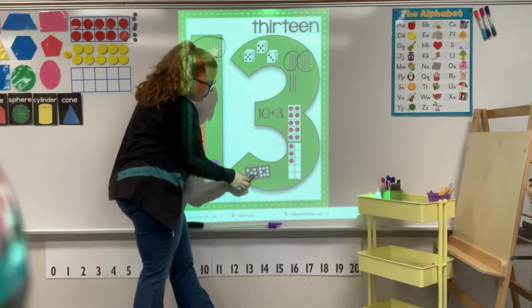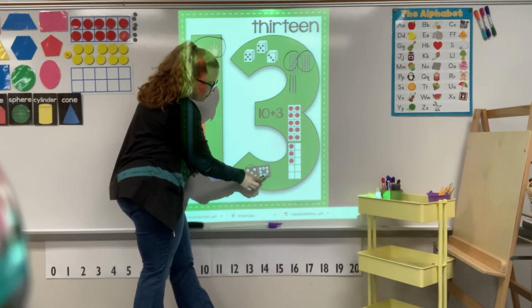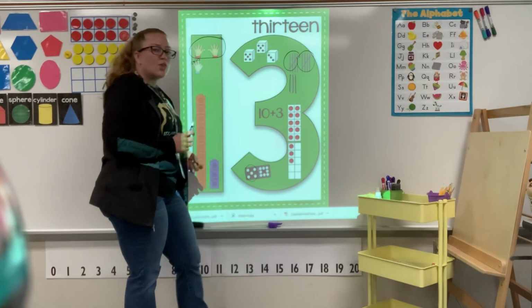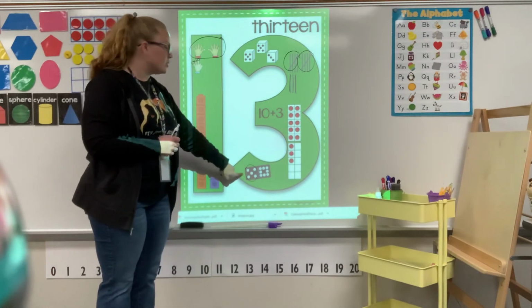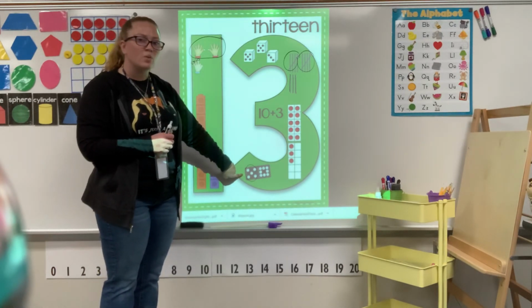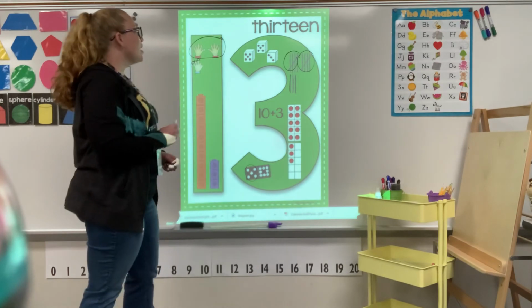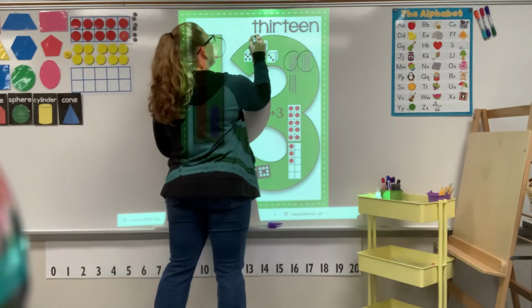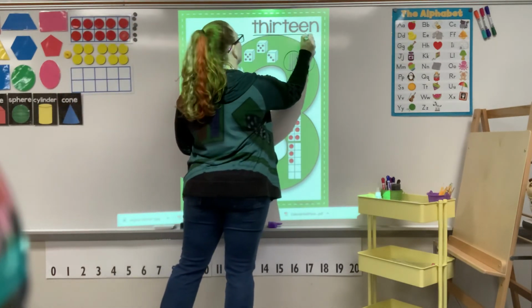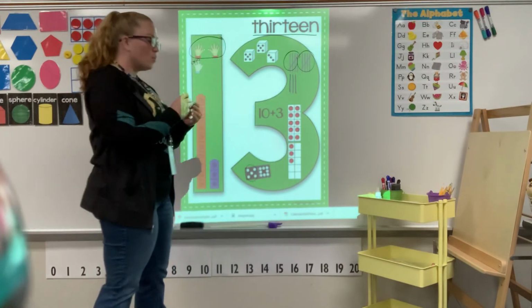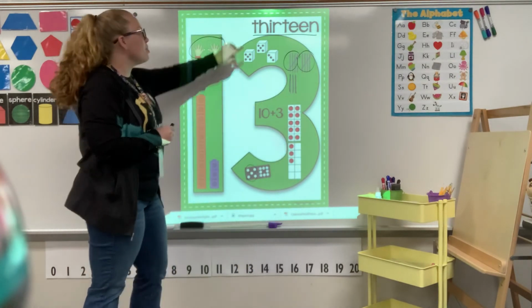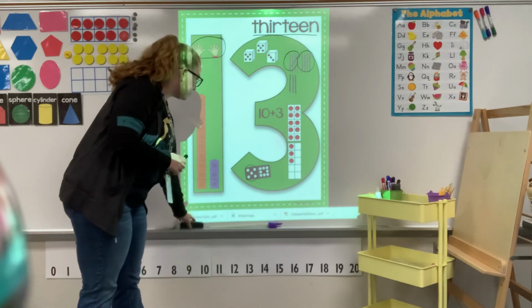So we had 5, 6, 7, 8, 9, 10, 11, 12, 13. 13. So this is a way to represent 13 with dominoes. And then lastly, we have our written number word of 13.